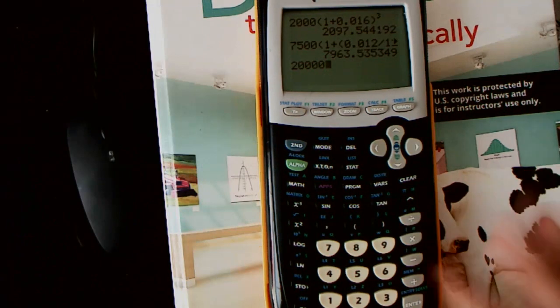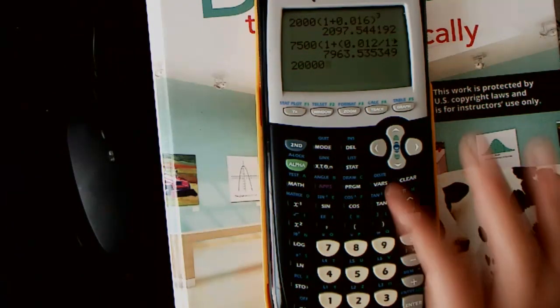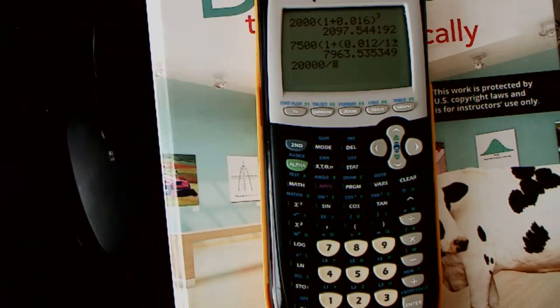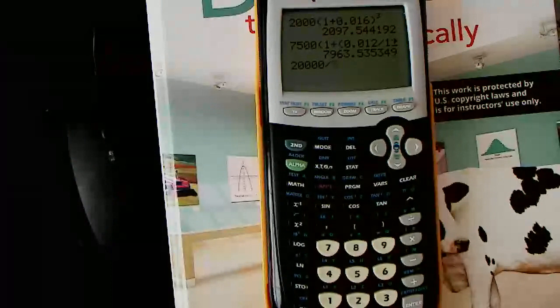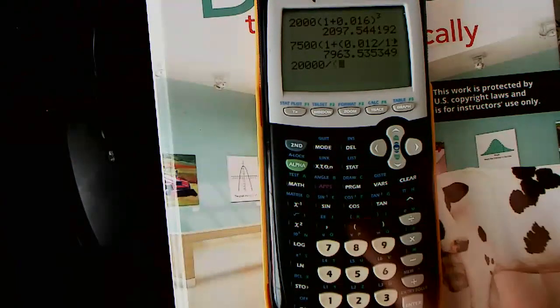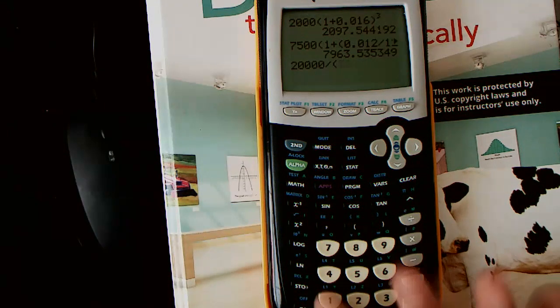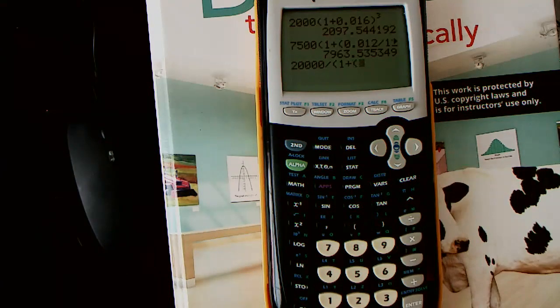So 20 grand divided by two sets of parentheses. The outside parentheses frames the discounting factor, but your compounding factor is 1 plus the monthly interest rate. So I'm going to use one set of parentheses to frame the monthly interest rate.